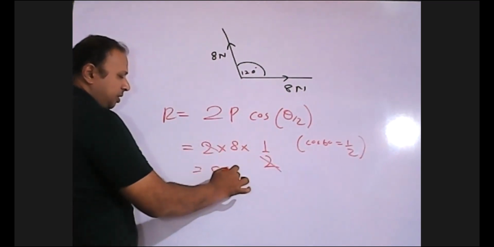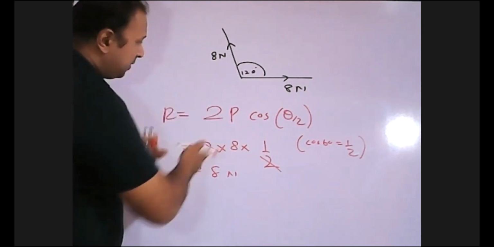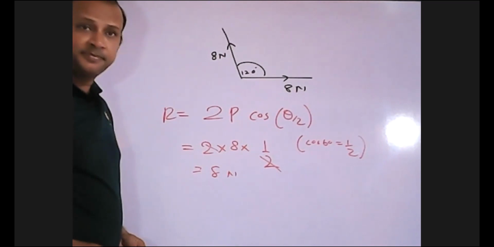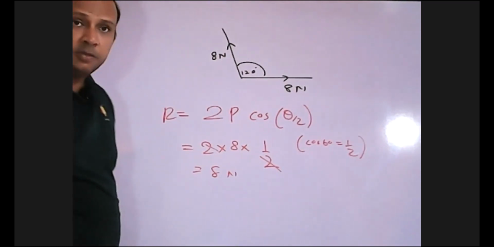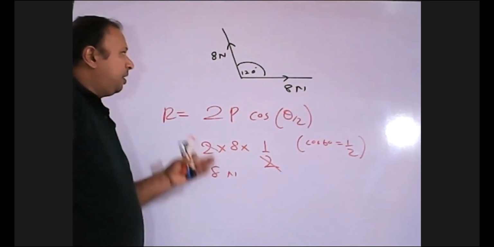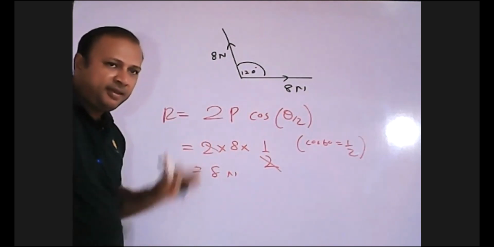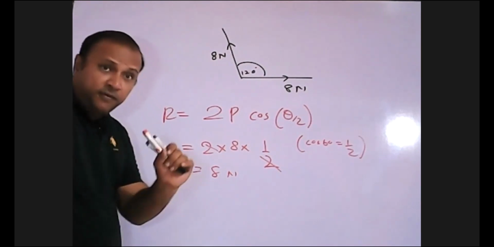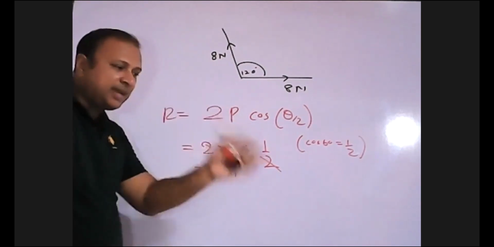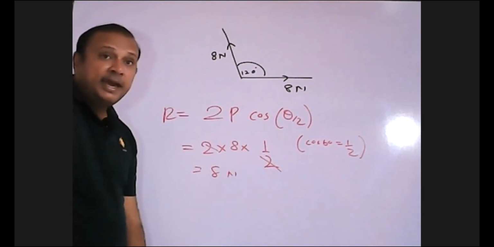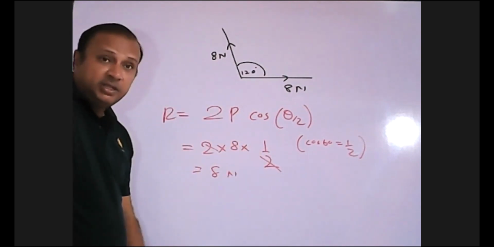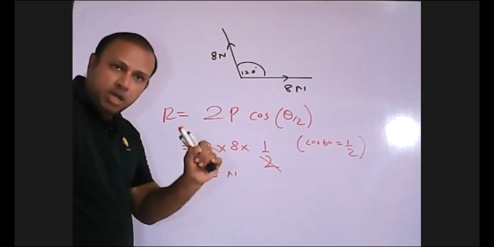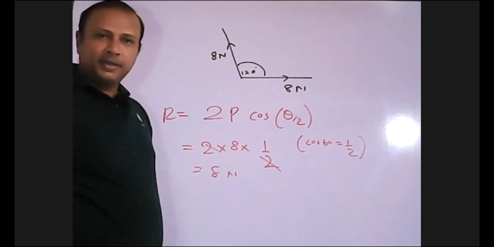Actually, you don't need to calculate this one in the exam. You should remember this thing. Definitely, you should remember, otherwise your time will be consumed. We have done a lot of questions using this equation. So if there are two equal forces acting at an angle of 120 degrees, definitely the resultant should be equal to the magnitude of one force.